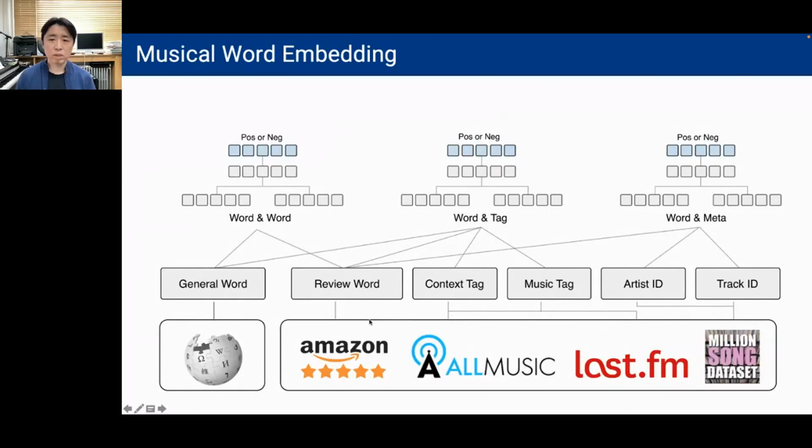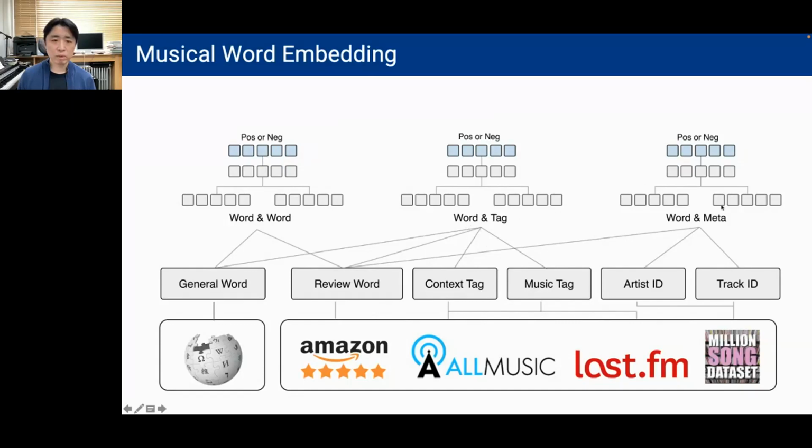We train the word embedding by sampling positive and negative pairs from 3 different combinations. The first is word-to-word pairs, which are sampled from Wikipedia and music review. The second is word-to-tag pairs, where words are sampled from Wikipedia and music review, and tags are sampled from AllMusic and Last.fm tags.